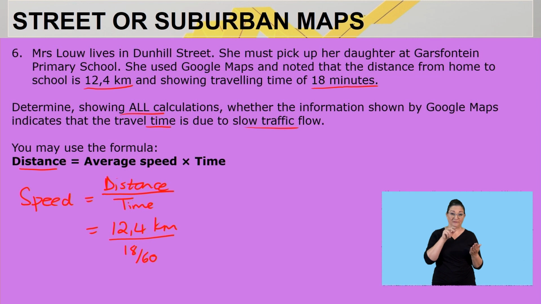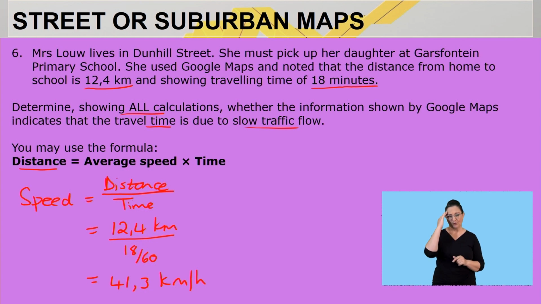Remember, if I simplify 18 divided by 60, it will give me 0,3, right? So I'll type in 12.4 divided by 0.3, and that will give me an average speed of 41,333 kilometers per hour, right?